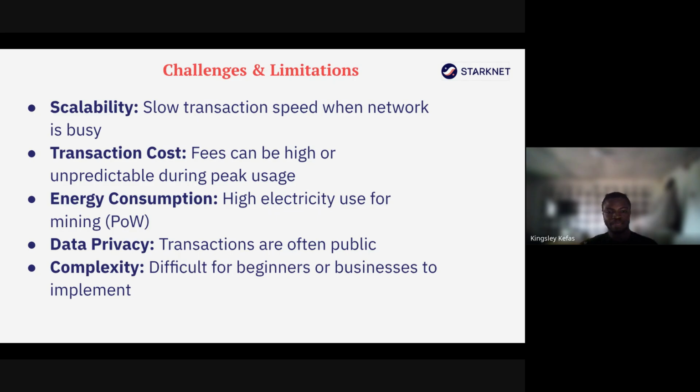Now the next challenge is the cost of transactions. For you to be able to keep the blockchain secured, users have to pay a little fee for it, right? And let me also explain why that is important. Imagine users are not paying a fee for transactions.